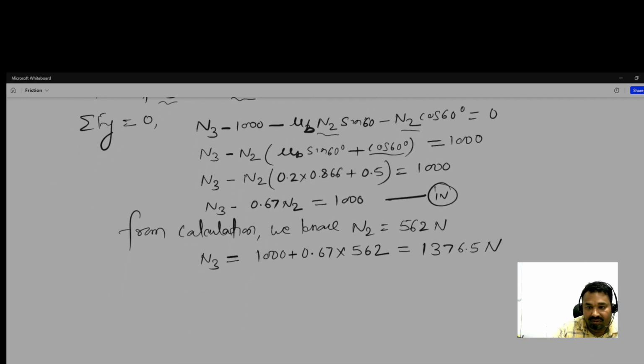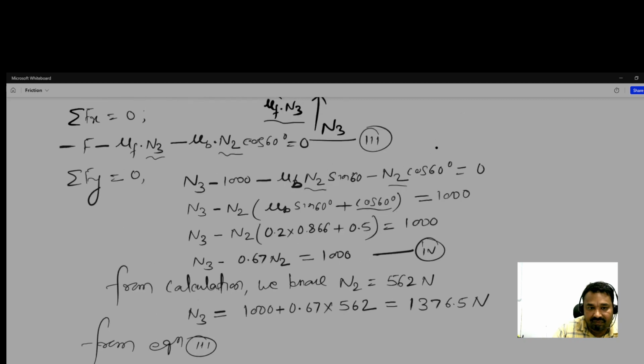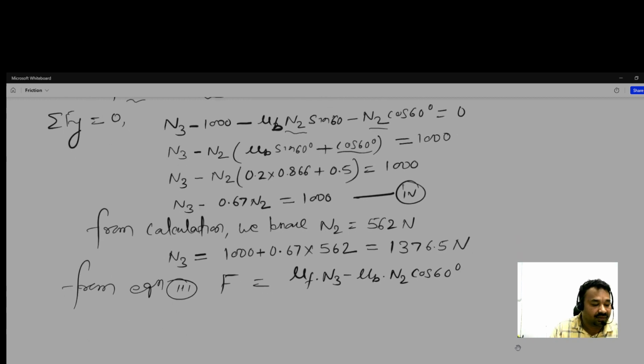Okay, so coming back to our equation number third. So from equation third, what we have? So this F is equal to mu F multiplied by N3 minus mu B multiplied by N2 cos 60 degree, and mu F what we have.